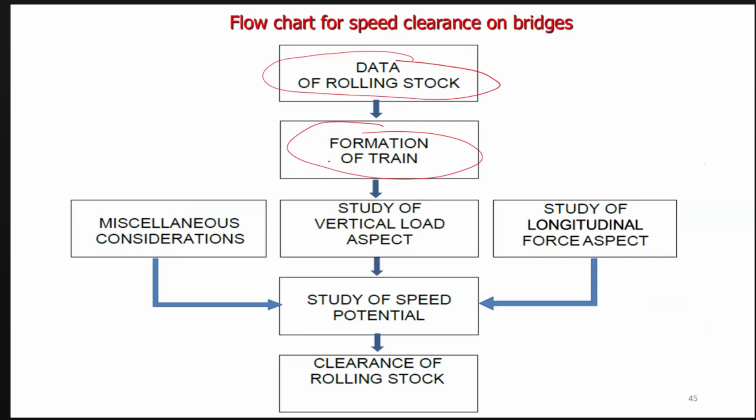Then we will do the miscellaneous considerations, study of vertical load aspect and longitudinal load, whatever we have discussed earlier. Based on these three considerations, we will find out the speed potential, and based on the maximum speed, minimum speed potential that has come, we will clear the rolling stock for that speed potential. That is the flow diagram.